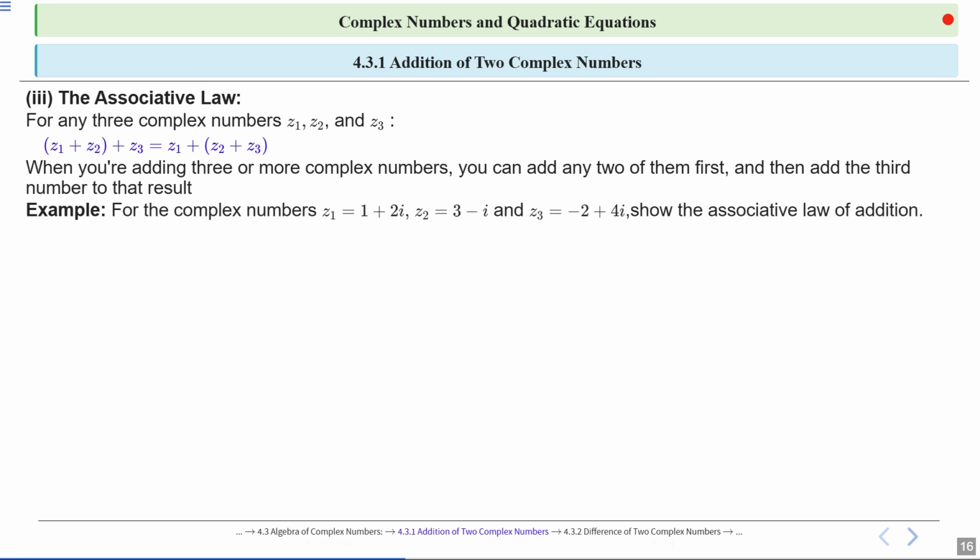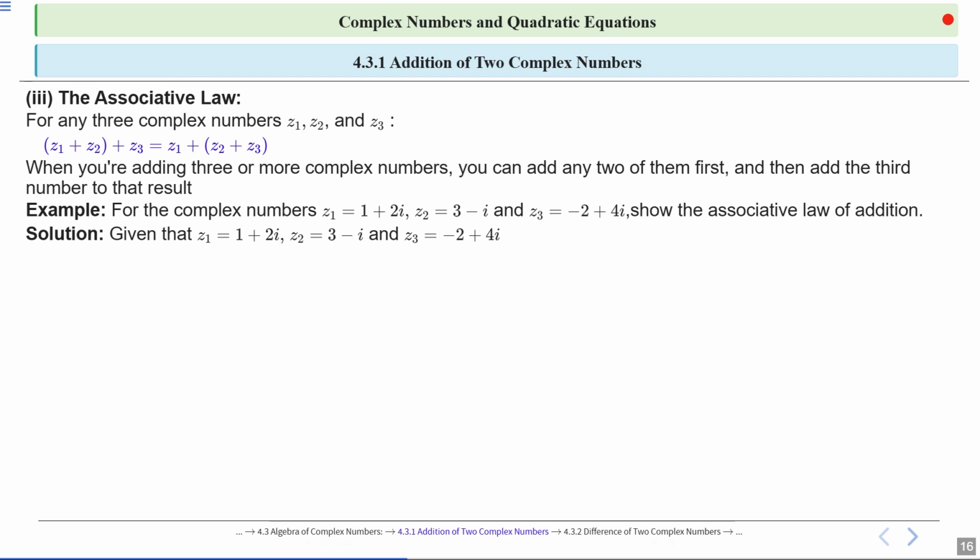So let's look at an example. We will use the complex numbers Z1 equal to 1 plus 2 times iota, Z2 equal to 3 minus iota and Z3 equal to minus 2 plus 4 iota. Then we will show that these numbers hold the associative law of addition.